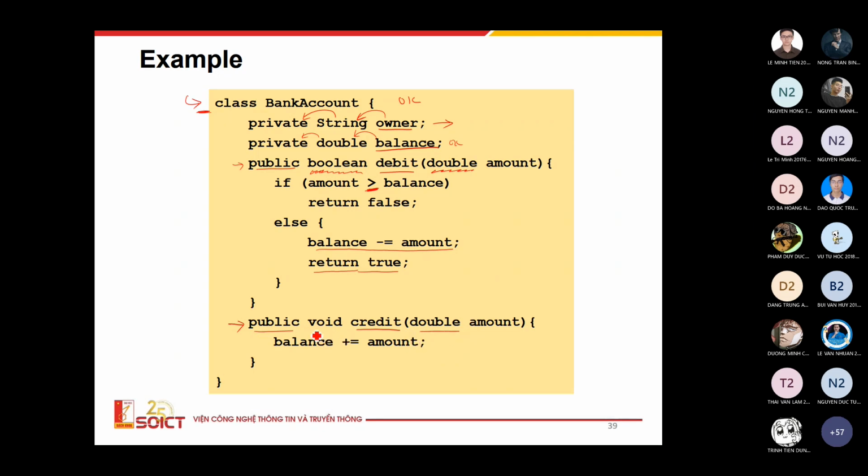Đúng rồi. Phải đọc là không có gì trả về nhé. Và trong thân của phương thức này thực hiện việc balance cộng amount. Đúng rồi. Rồi, ok. Tôi nghĩ là rất tốt rồi, đúng không?